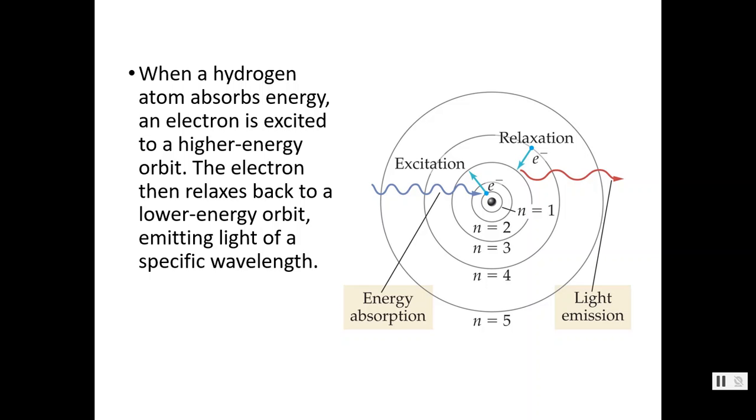Well, that's great for hydrogen, but what about all those other elements on the periodic table that have more than one electron? That, unfortunately, is where the Bohr model fails. So even though we're going to use some of the same concepts with other atoms, we need to look for a different model to explain where an electron is in an atom that has more than one electron.